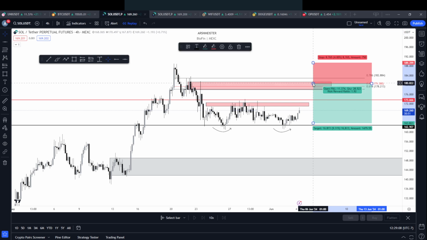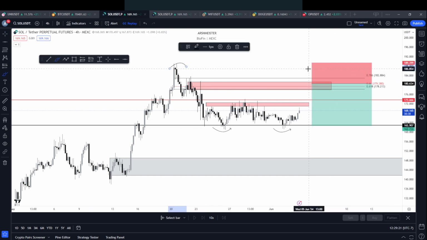Your DCAs should always be heavier than your entries. That's why the average entry gets closer to the DCA point. Then this is your setup, and hopefully it puts in a double top, something like this, and then it comes back down.